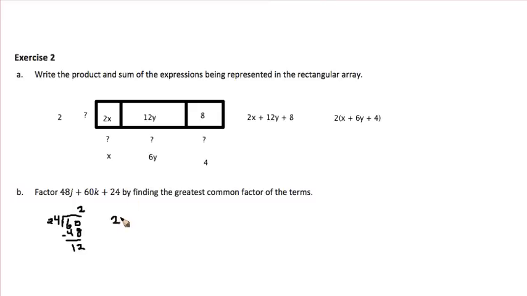So we go 24 inside, 12 outside, and 12 goes into 24 2 times with no remainder. And when we get no remainder, we know that that number, the divisor of that problem, is the greatest common factor.